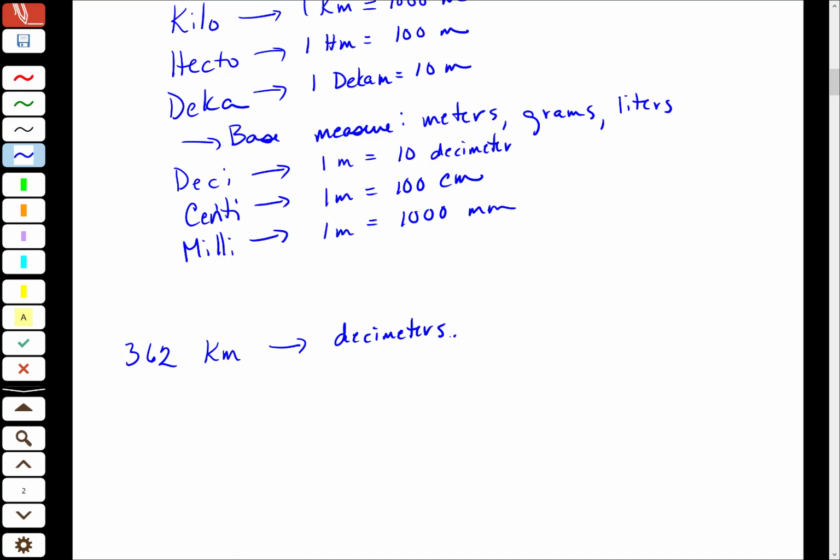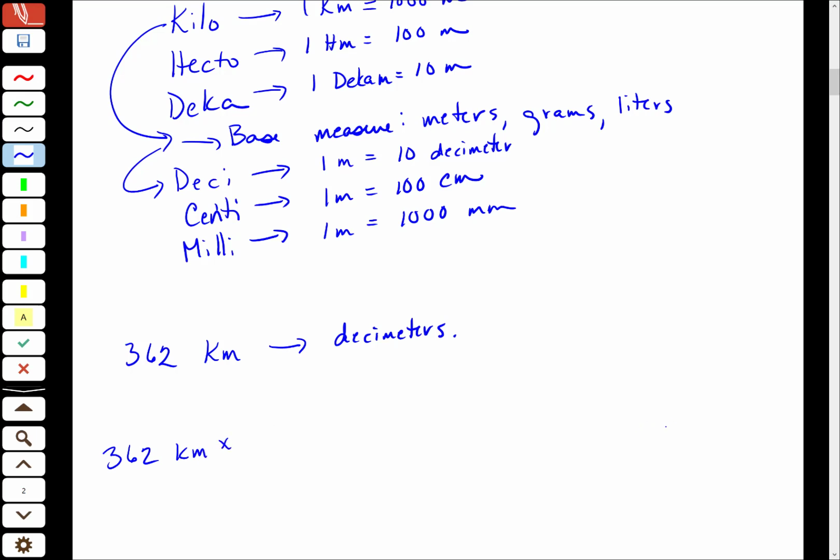What people will do is they will go from kilometers to the base, and then from the base to the other unit. It depends, if you're crossing this base, sometimes people go in between here. But I'll set up again: the start is 362 kilometers.